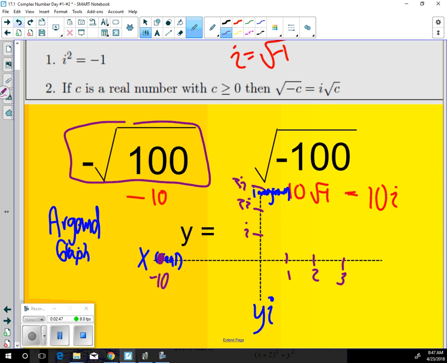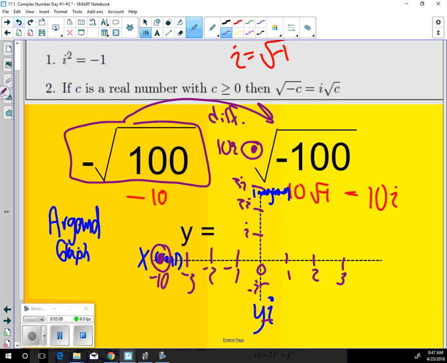It would be up here, 10i, wouldn't it? This is where the point would be. So on this graph, you can see that these are very different from one another, and we'll explore that a little bit further. But 1, 2, 3, negative 1, negative 2, negative 3; i, 2i, 3i, negative i, negative 2i, negative 3i.